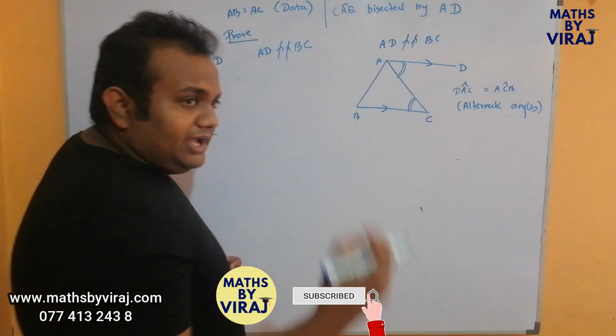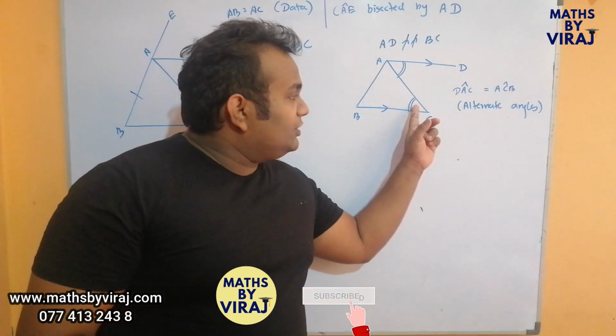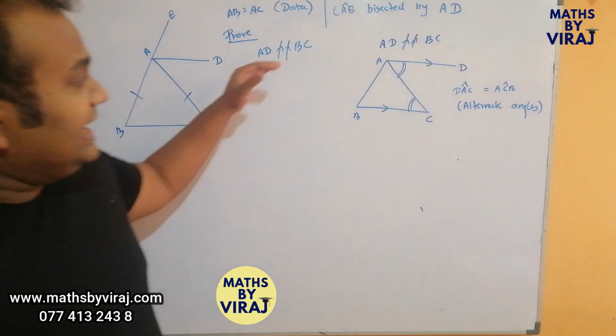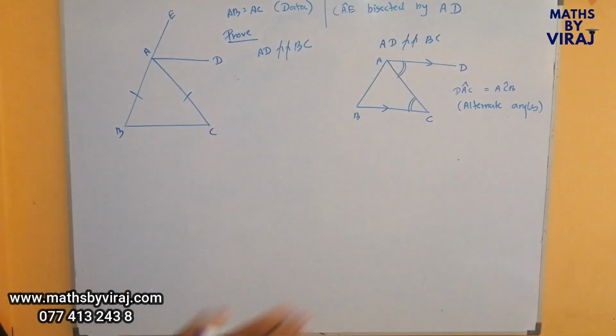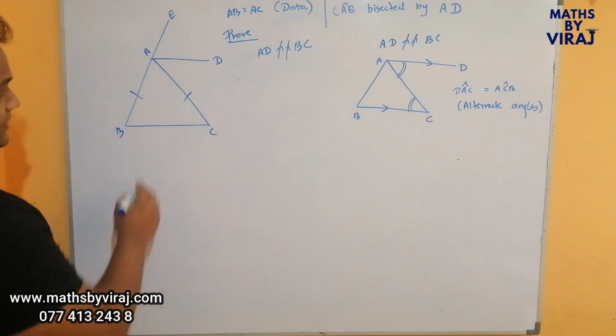Having this in our mind, if we could prove that this angle is equal to this particular angle, then we can say that AD is parallel to BC. Having that in our mind, let's try to understand this.